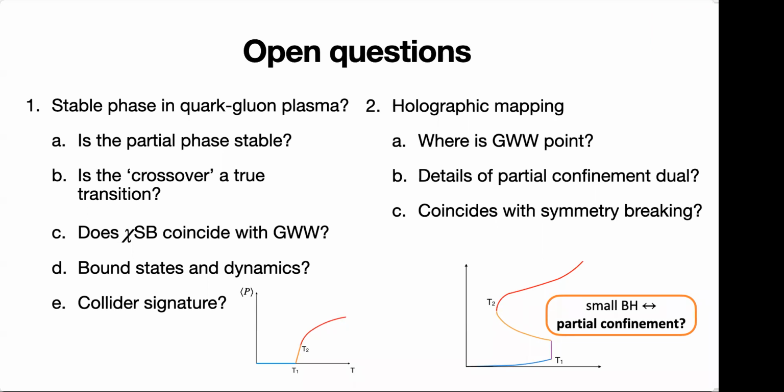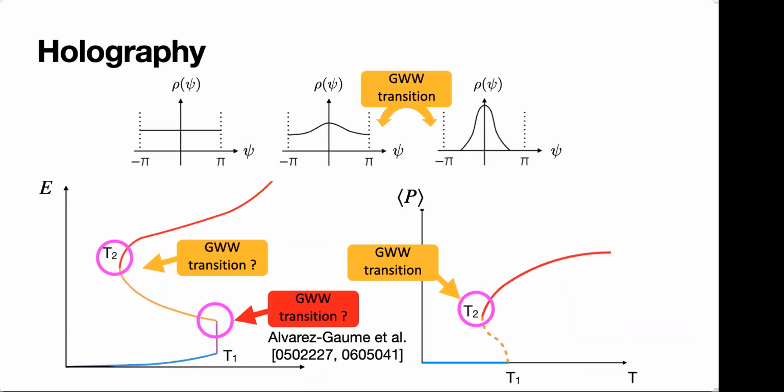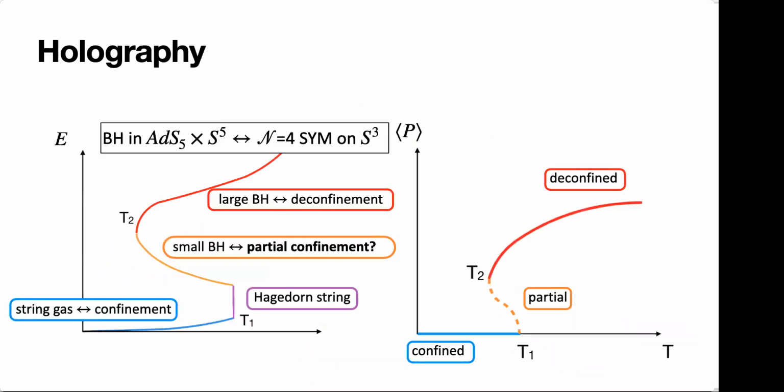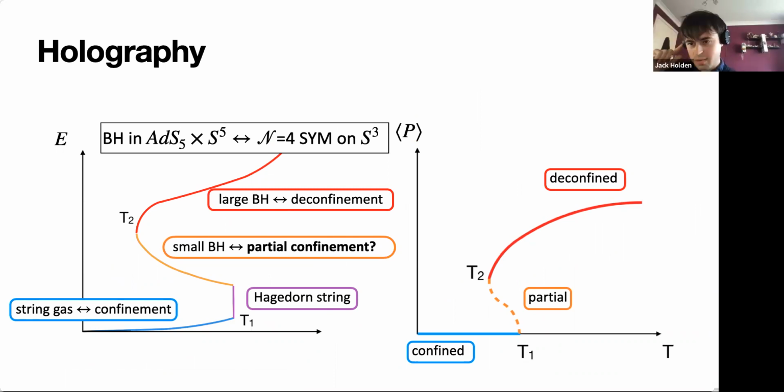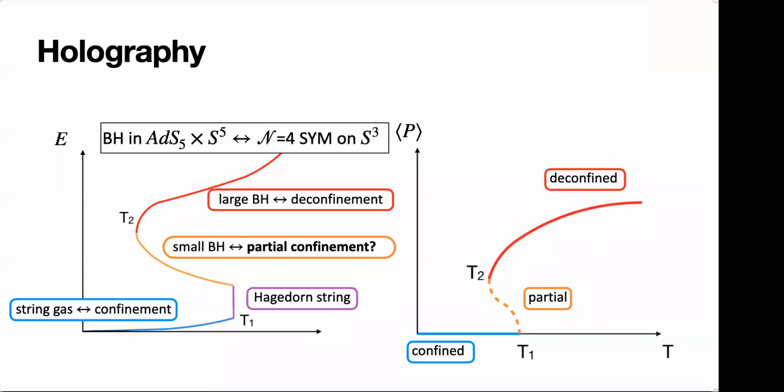Sorry. So I was just trying to understand this statement that there's some relation between small black holes and partial confinement. And you had also said something about these Polyakov loops where you just block some of them out and so on. What is the relation between this and small black holes? I do not understand this statement. Is the statement that you can compute some eigenvalues and the eigenvalue distributions are different in the small black hole?